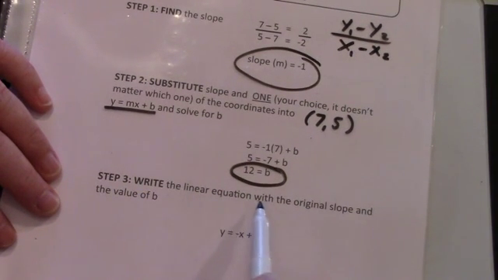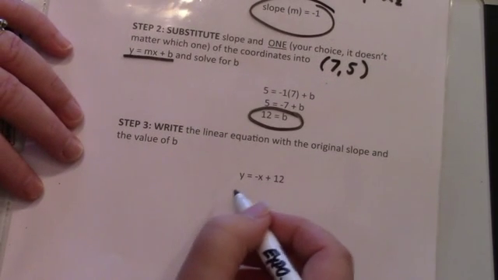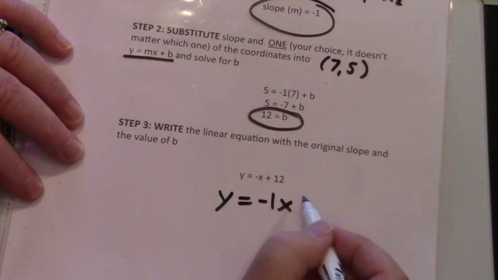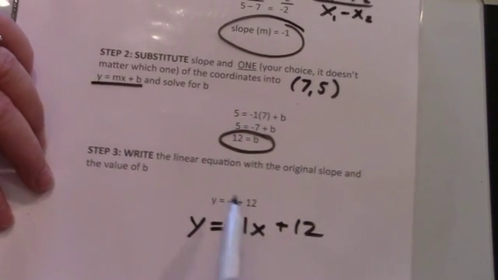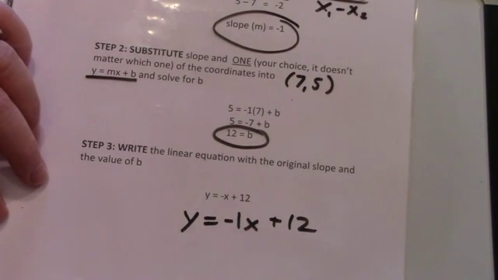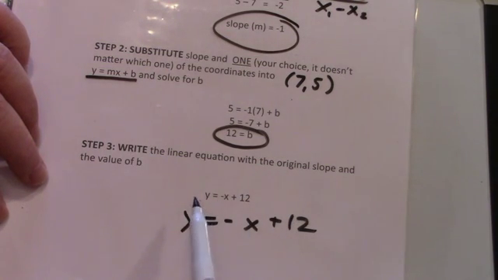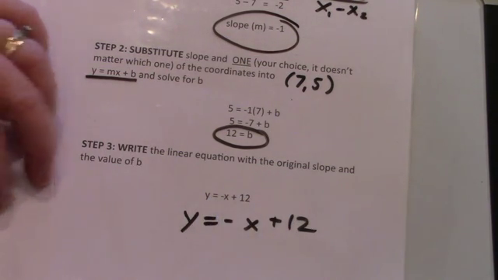We can write the linear equation with our original slope, which is negative 1. We have y equals negative 1x, and our b is 12. Now, we don't have to have that 1 in front of it. In fact, it's better that we don't, which is why our answer here is y equals negative x plus 12. So if you turn to the next page, page 47, let's do some practicing writing linear equations.